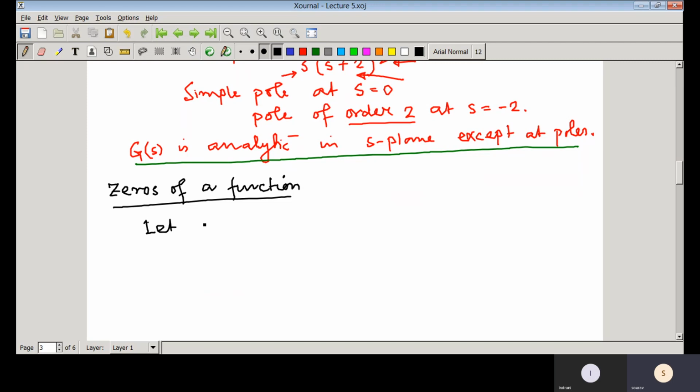So let G(s) be analytic at s equal to z.